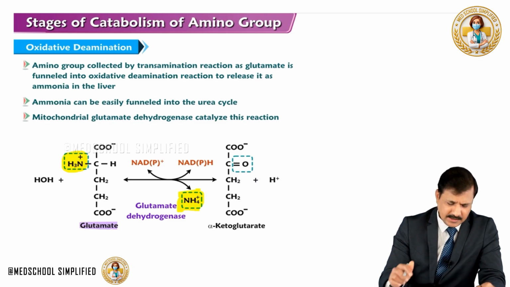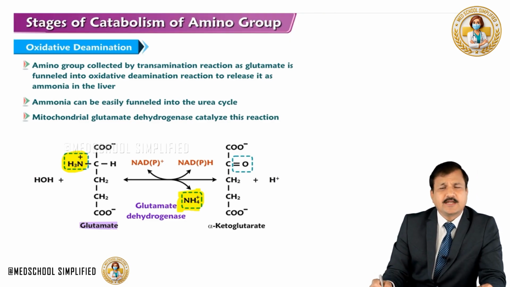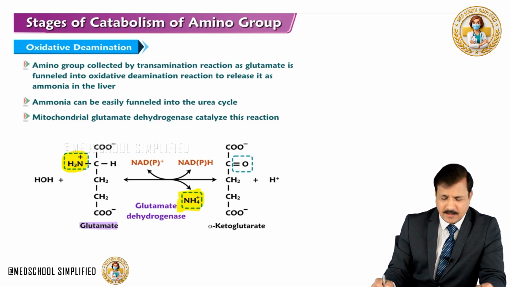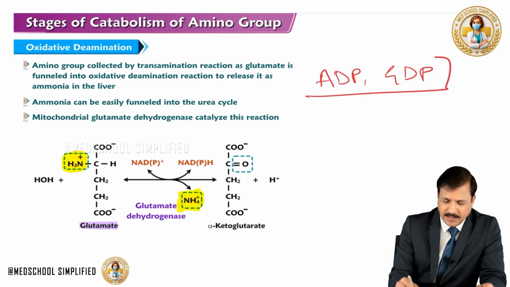And also note that the glutamate dehydrogenase enzyme is regulated by nucleotides depending on the energy status of the cell. If there are more ADP and GDP, that means lack of energy.